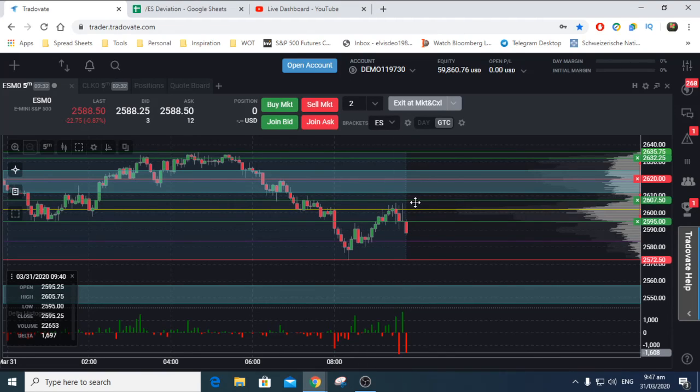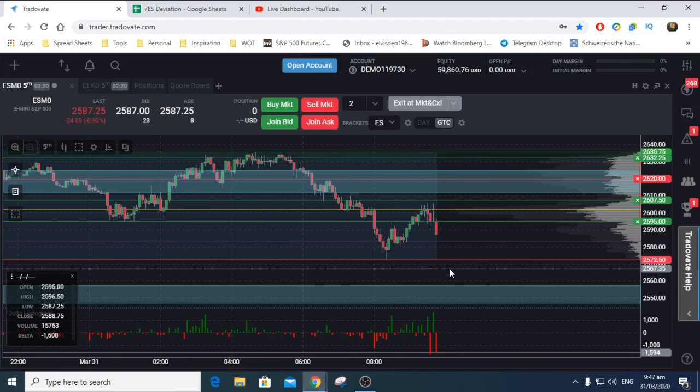I already have my options sitting over there for weekly, so it's not naked, it's spreading. Going into options will be too complicated.